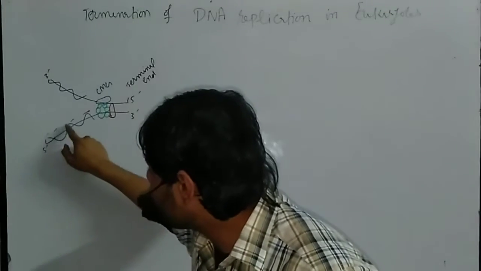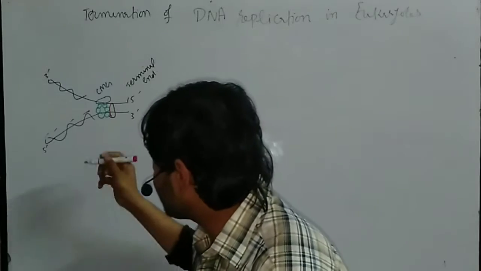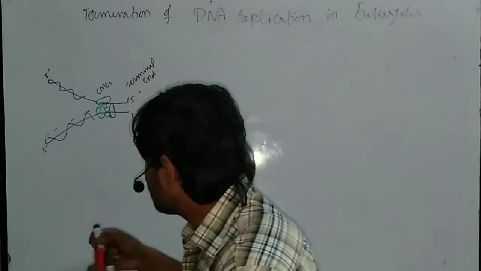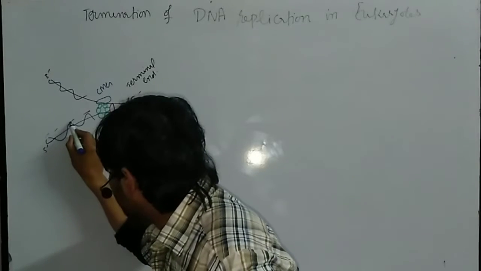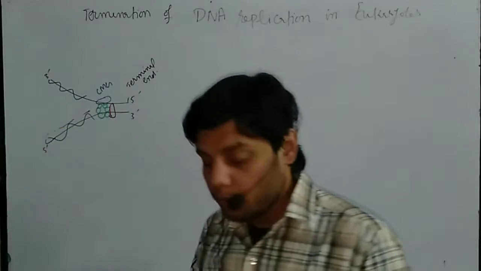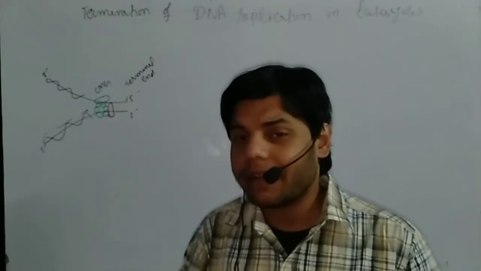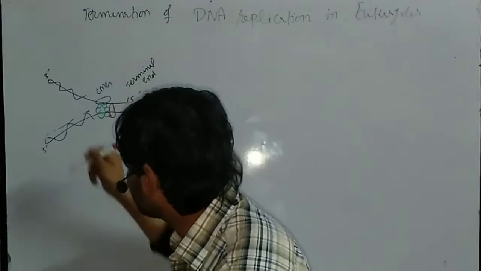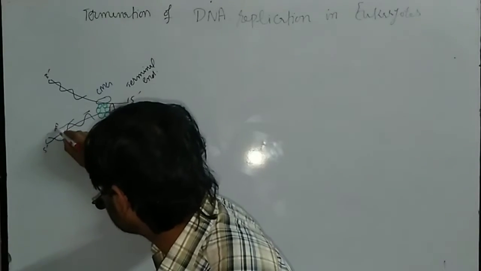So whenever the DNA polymerase enzyme reaches that specific point, it also has the ability to remove some of the RNA nucleotides. So it removes some of the RNA nucleotides and we get a flap just like that.